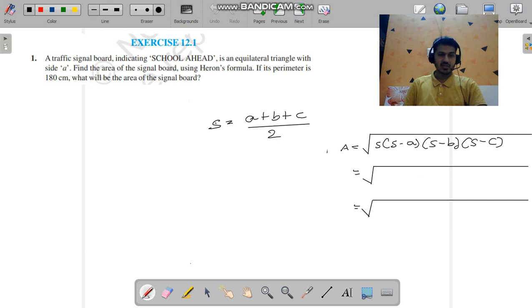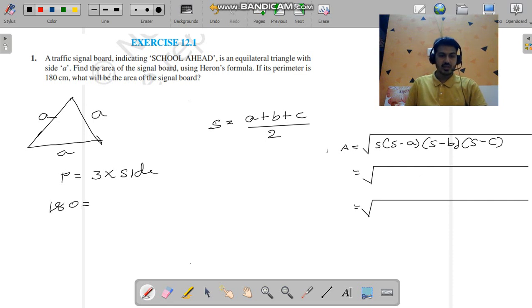It is an equilateral triangle, so let us draw one equilateral triangle, and all sides will be the same. Let us find the side first. The perimeter of an equilateral triangle is 3 multiply side, and here the perimeter is given as 180. So write 180 equal to 3 multiply a. Then transpose this 3 to the LHS, so we divide by 3.